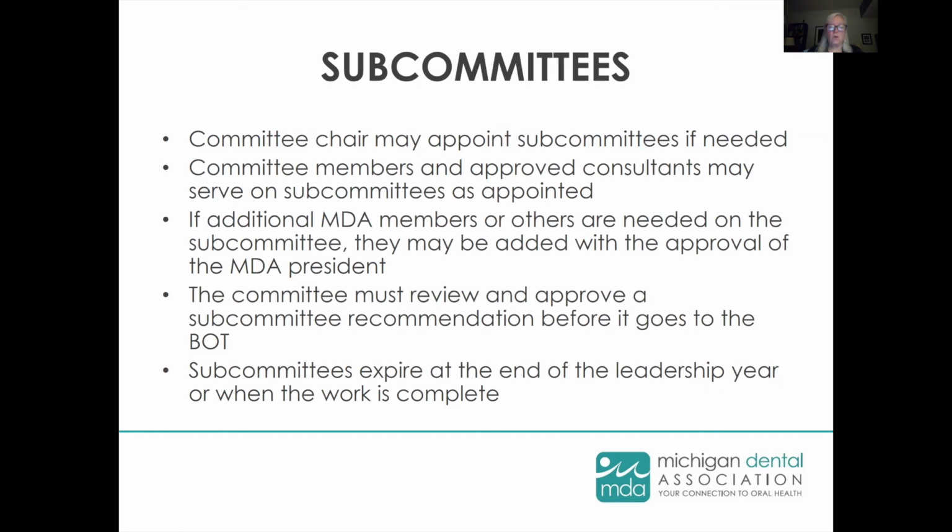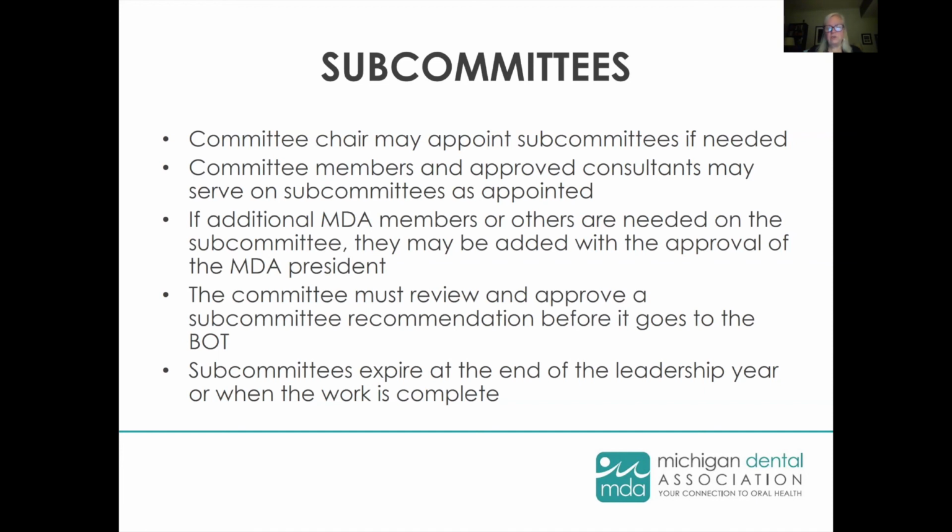Your committee as a whole has to look at any recommendation that comes out of a subcommittee or a work group before it goes to the board, and then subcommittees expire at the end of the leadership year or when the work is complete.